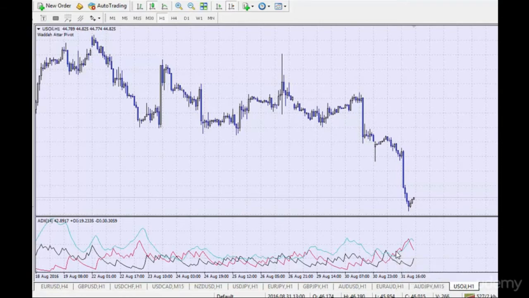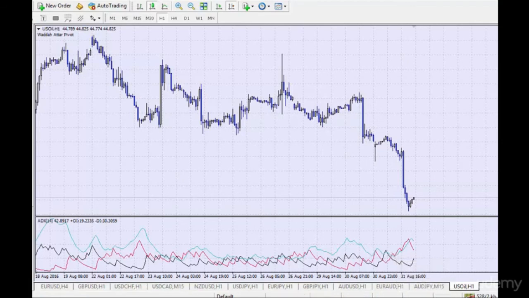As long as it goes a little distance above the black line, that's a sell signal. The same thing goes for when the black line crosses the red line. Both lines have to exceed each other before the signal is confirmed.